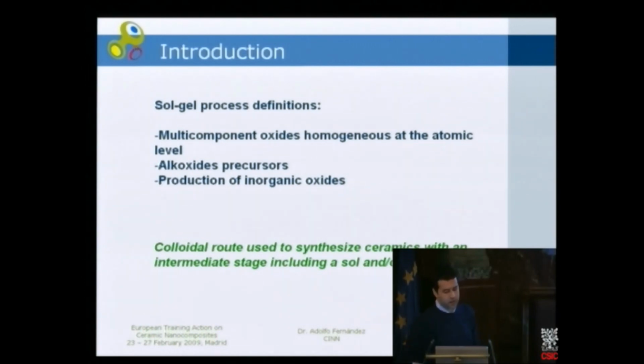Or at other times it is for the production of inorganic oxides. But from my point of view, the most general definition for the Sol-Gel process is a colloidal route used to synthesize ceramics in this case, with an intermediate stage, including a sol or a gel state.